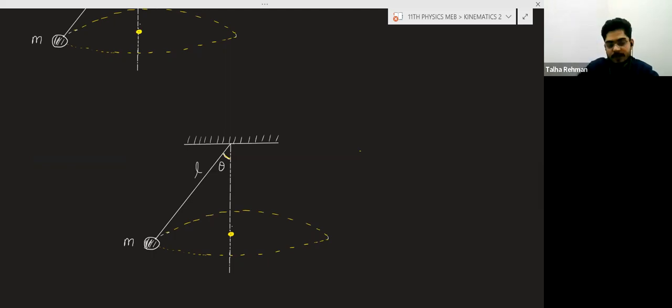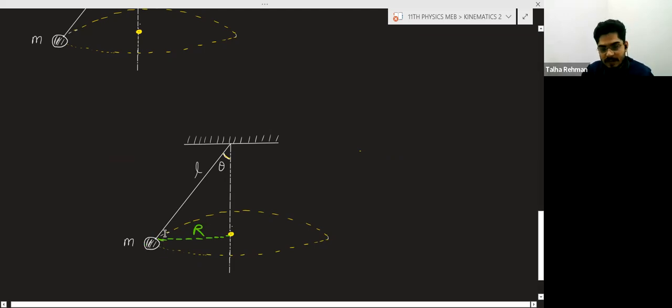Suppose this distance is r, so the mass is rotating in a circle of radius r. This is not given in the question. In the question, only theta, L and the mass are given.